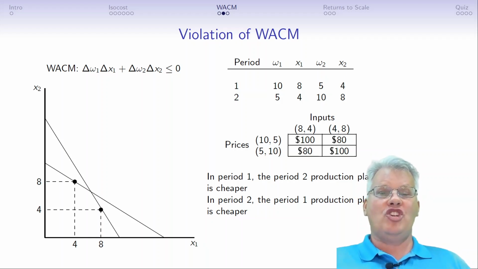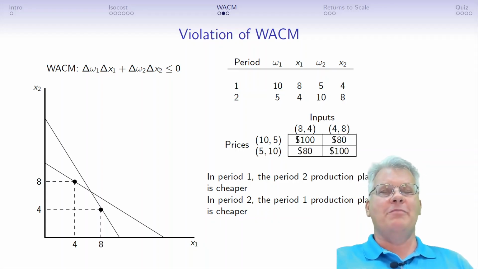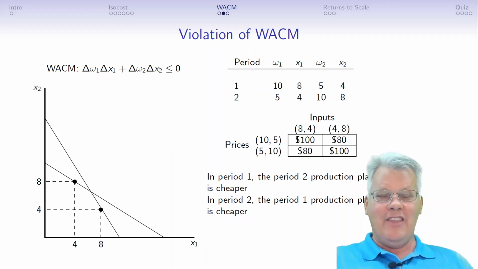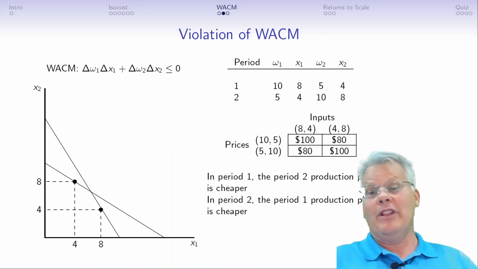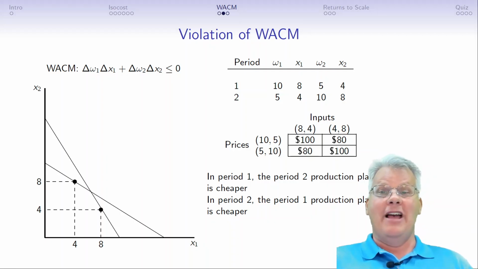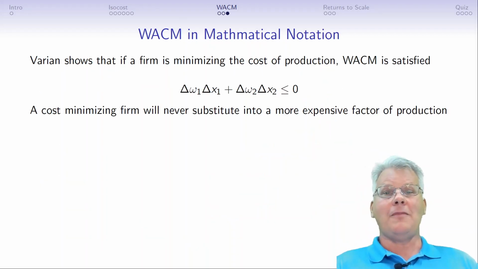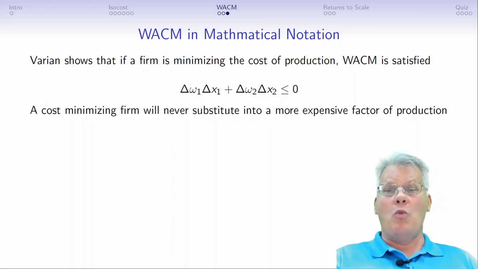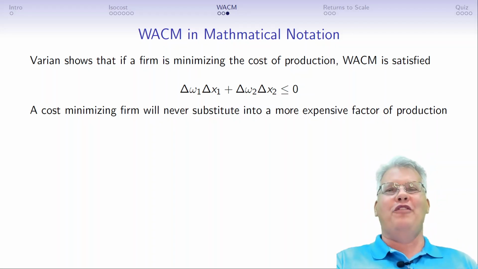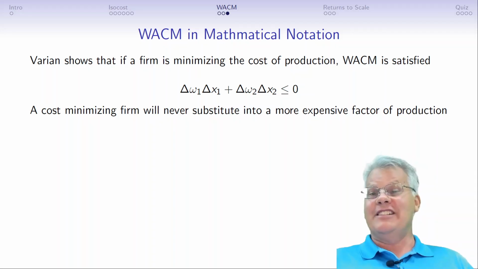So the firm is choosing a more expensive bundle of inputs to produce the desired level of output than they really had to. They're not minimizing costs.